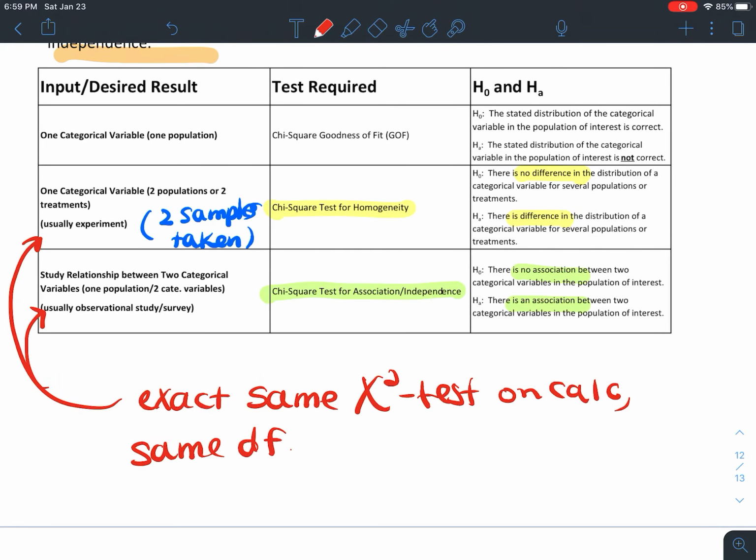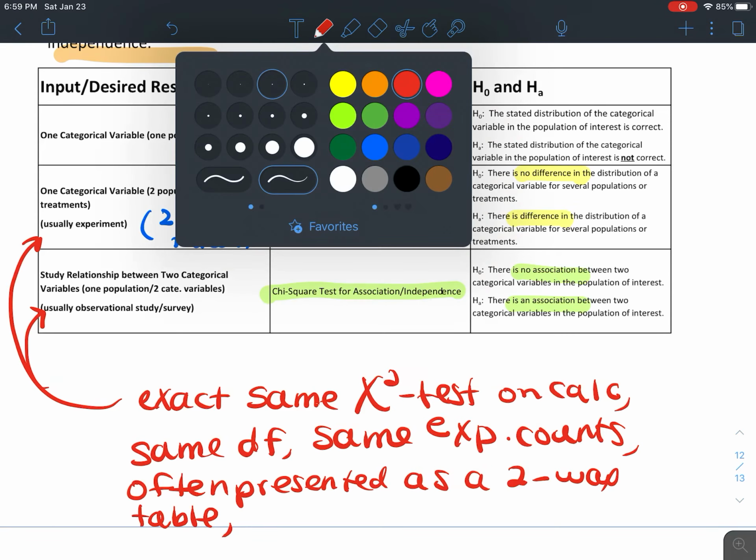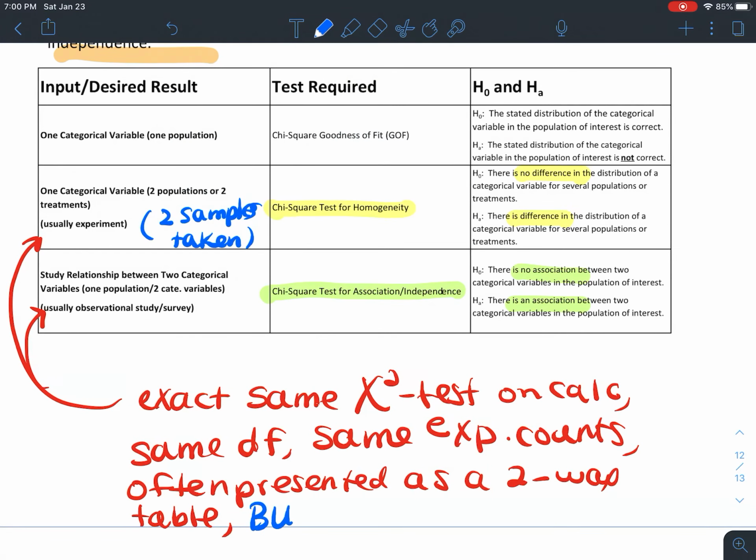Same degrees of freedom, same way you calculate the expected counts, and it's often presented as a two-way table. But different hypotheses. Okay, that's the difference there.